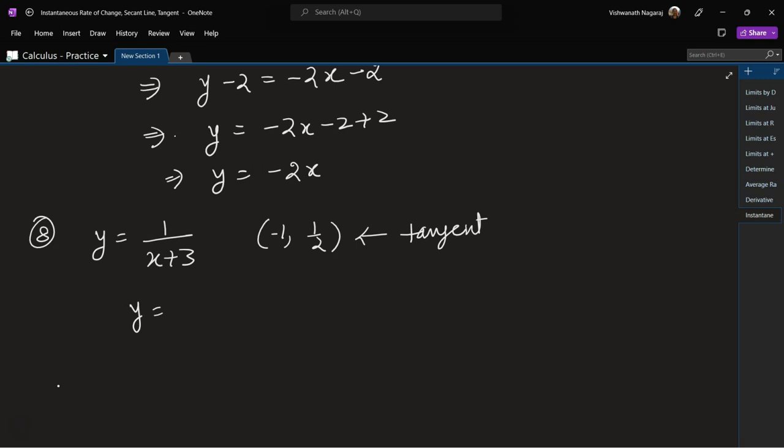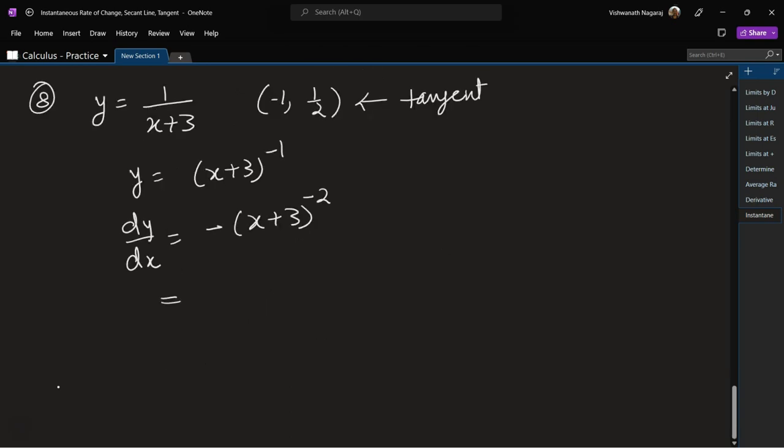So y is equal to, we can write this as x plus 3 to the power of minus 1. So dy by dx would be minus 1, we bring it in front, x plus 3 to the power of minus 1 minus 1, so minus 2, which can be written as minus 1 by x plus 3 square.